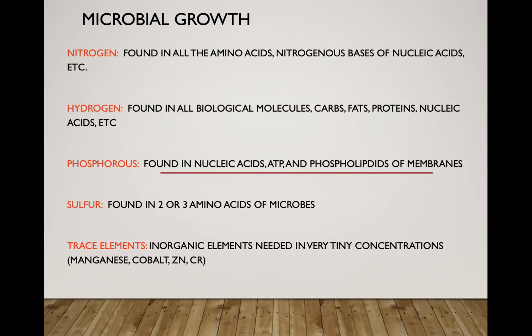Trace elements are also an important factor in microbial growth. They are inorganic elements needed in very tiny concentrations. So zinc, manganese, and cobalt can all be requirements for microbial growth. Do make a note of those.